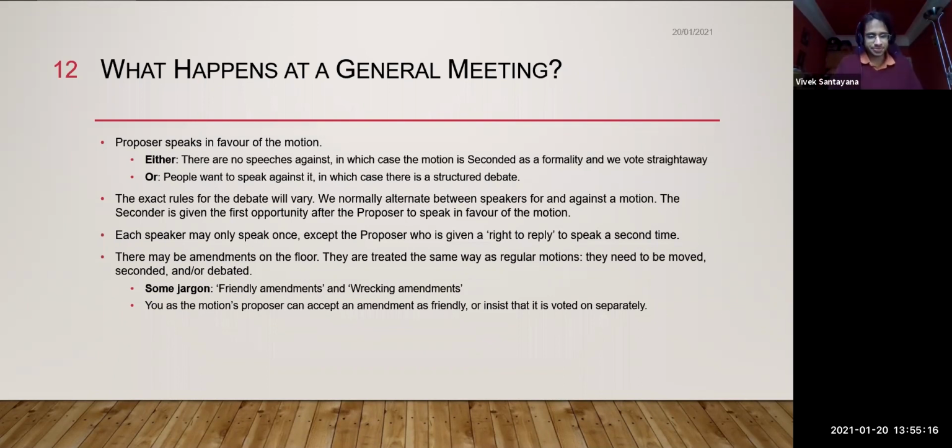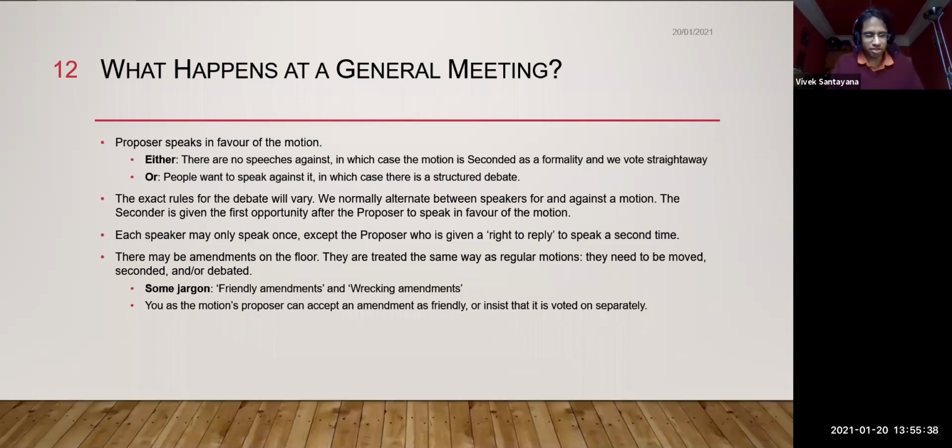Either you accept an amendment as friendly, or, and this is entirely at your discretion, you insist that the amendment is voted on separately. This is because if someone suggests an amendment which is a minor tweak that will make the motion clearer, it saves us time to just vote on the whole thing.